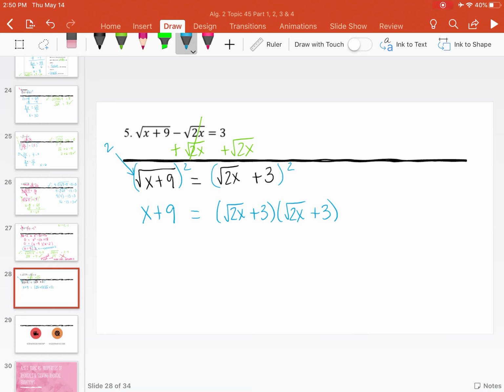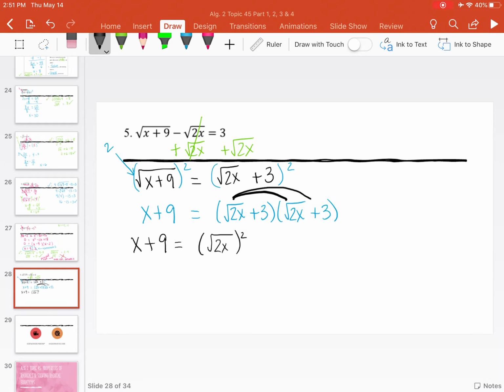Now we can FOIL or multiply to get x plus 9 equals square root of 2x times square root of 2x. Since this is really the square root of 2x squared, they will undo each other, and we'll just be left with, again, the radicand, or 2x.